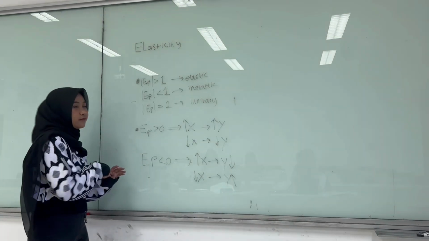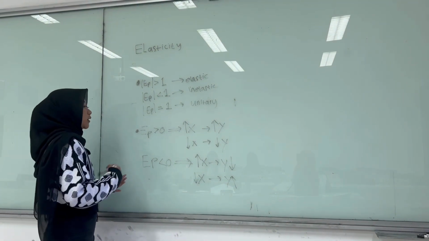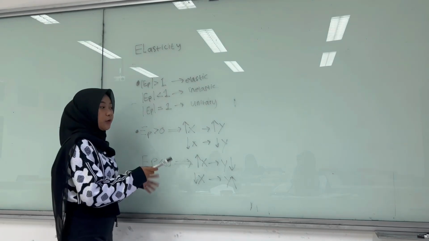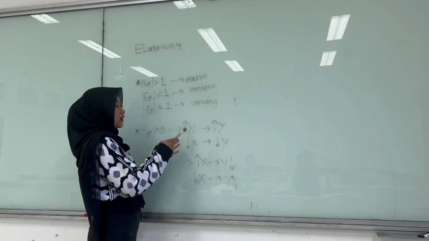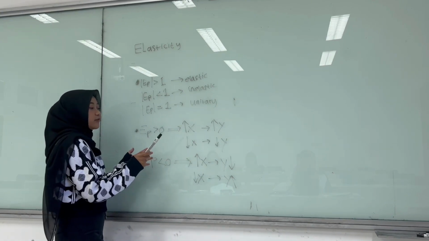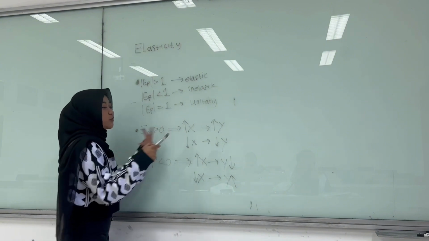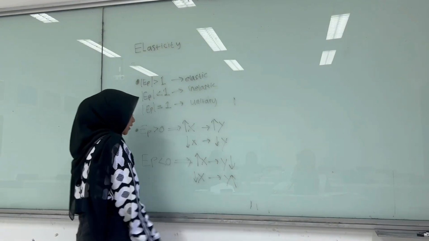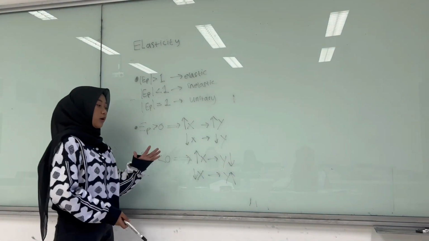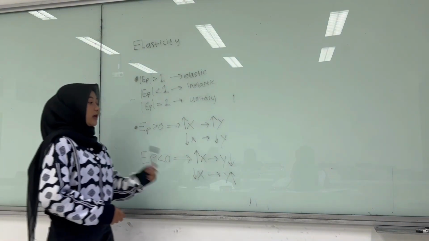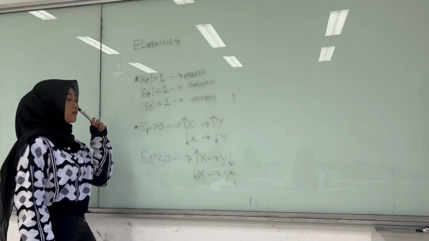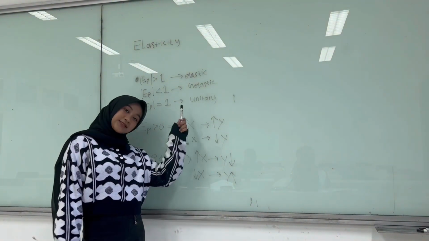And from the real value, if the E_P is more than 0, or positive, if the x increases, the y will increase too. If the x decreases, the y will decrease also. And if the E_P is less than 0, or negative, if the x increases, the y will decrease, and if the x decreases, the y will increase.